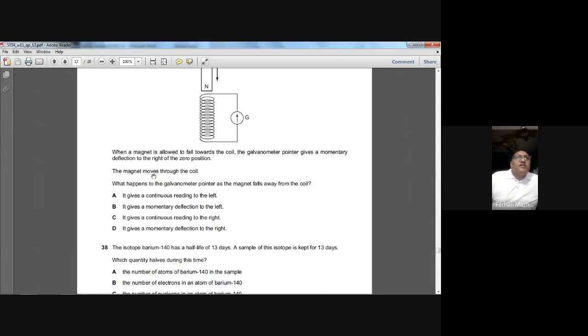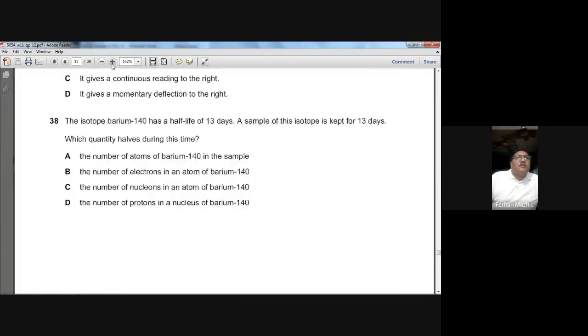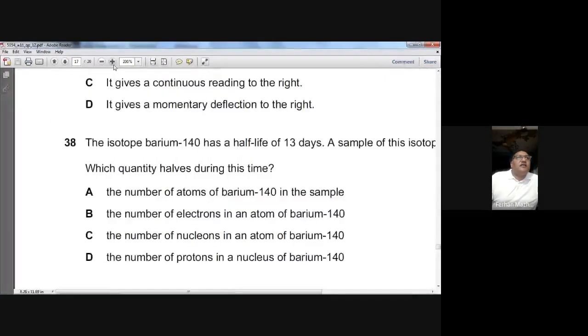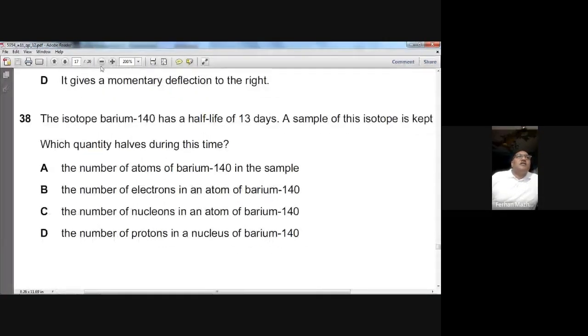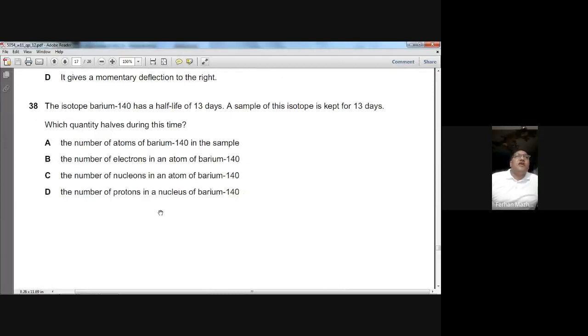Okay, on your screen we have question number 38. The isotope barium 140 has a half-life of 13 days. A sample of this isotope is kept for 13 days. Which quantity halves during this time?